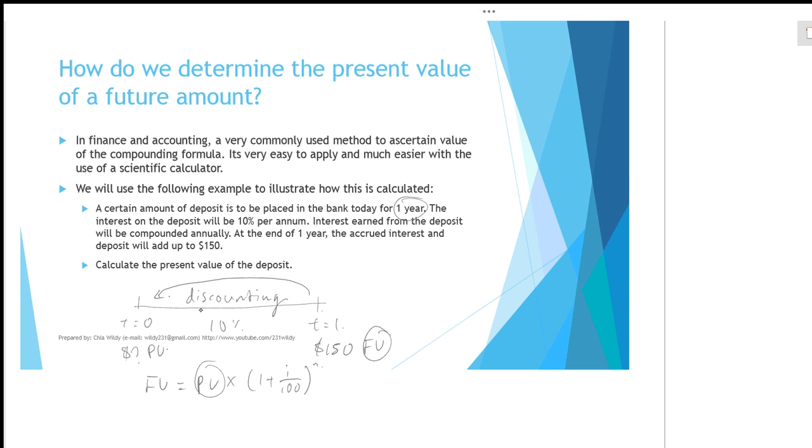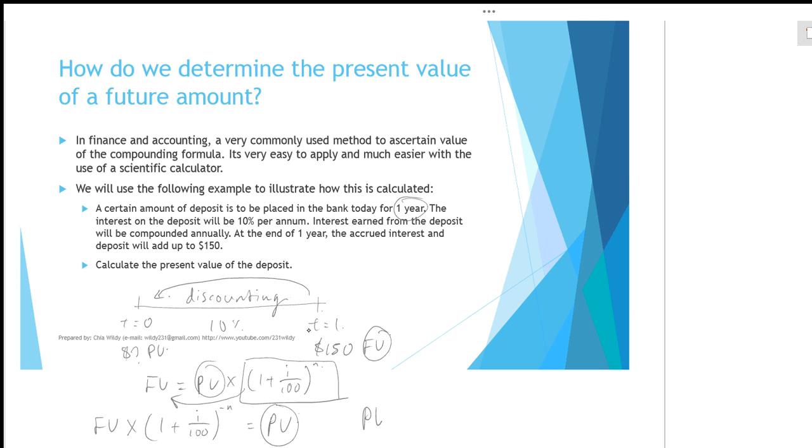So this is very simple. All you have to do is just shift this part of the equation to the left hand side. So this gives you present value equals future value multiplied by (1 + I/100) to the power of negative n. Let's put all this into the formula.